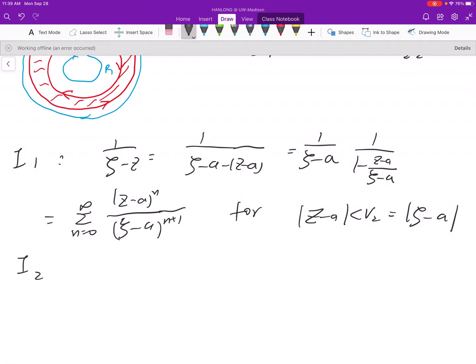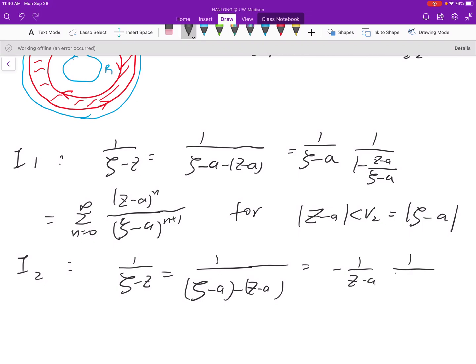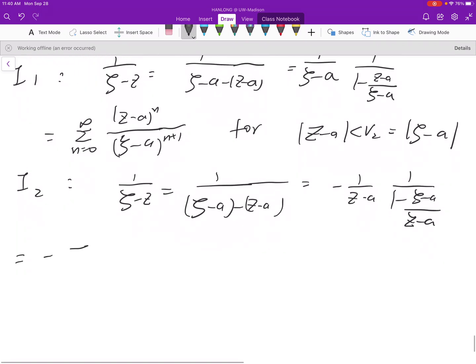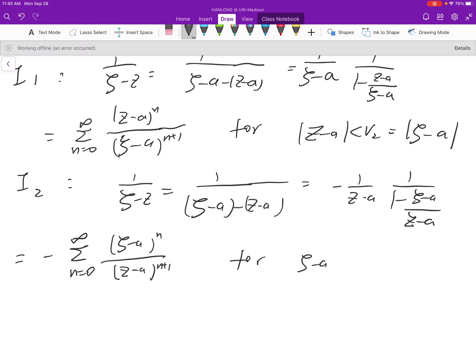And for I2, here you need to be careful when we expand the denominator. We have a different order. |zeta minus a| is less than |z minus a|. Therefore, when you expand, you have a negative power in z minus a. For |zeta minus a| equals r1 less than |z minus a| strictly.